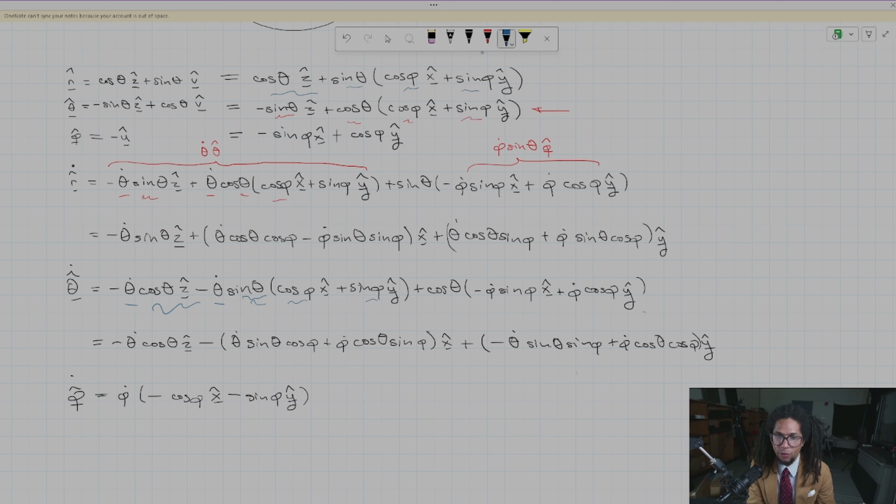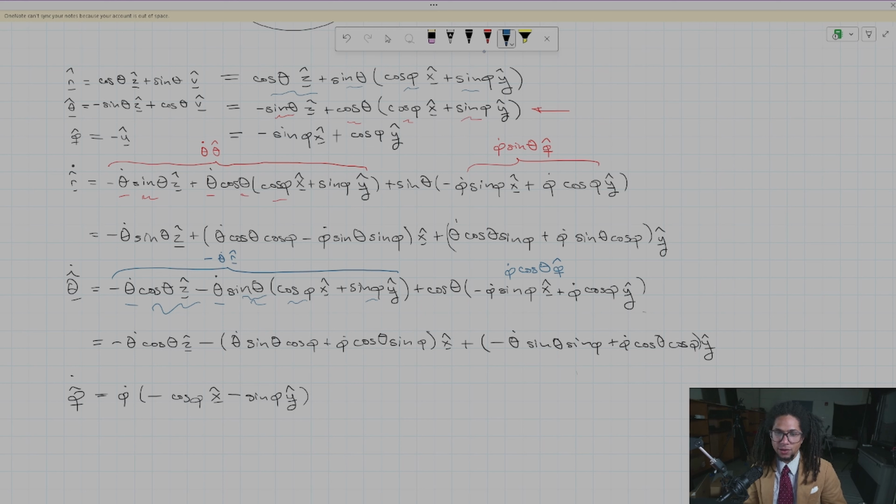But in this case, we have a minus sign attached to everything. So these terms are given by minus theta dot r hat. Good. Now over here, we want to look for the same thing, and indeed, we find it. In this case, we get phi dot times cos theta times phi hat.